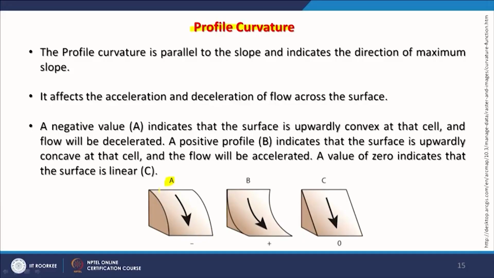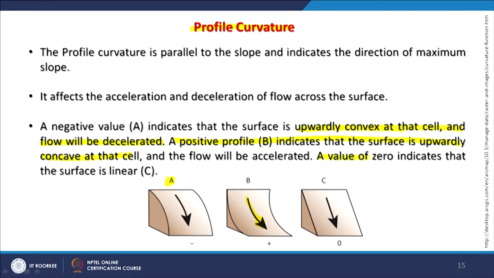Now, negative value A here indicates the surface is upward convex. So, now it is a different scenario here. So, this is upward convex at the cell and flow will decelerate, because it is upward convex. Whereas here, the positive indicates the surface is upward concave, and that concave will have deceleration.